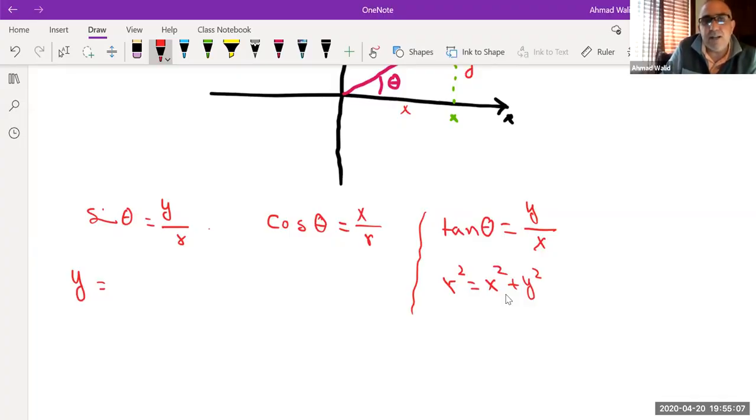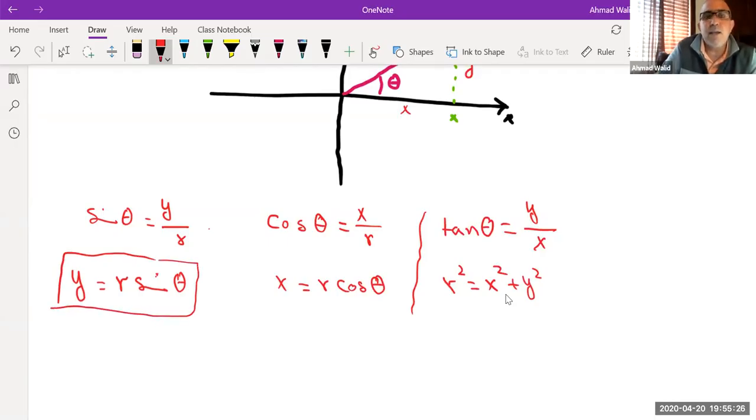Then from here you can say y equals r sine theta, and from here, x equals r cosine theta. Let's put these two in a box. Y equals r sine theta, x equals r cosine theta.